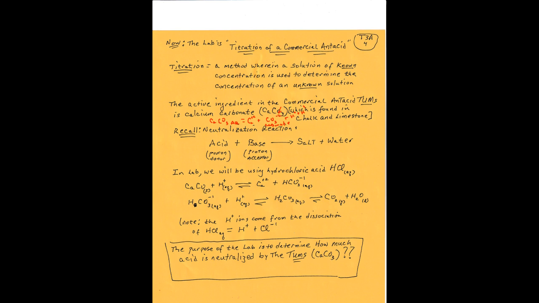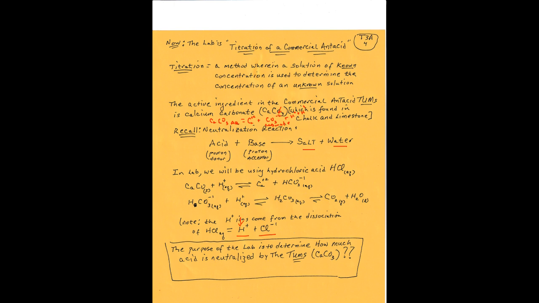Now remember, our neutralization reaction, an acid plus a base always gives some type of salt and water. Now in the lab, we're going to be using hydrochloric acid, the same acid that's found in the stomach. If you put hydrochloric acid in water, it's going to break up. It wants to donate a proton.